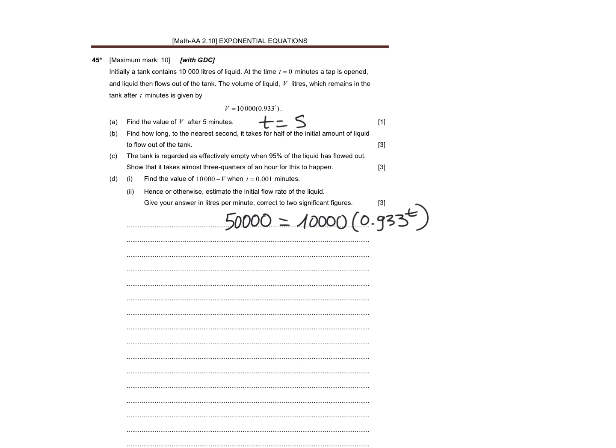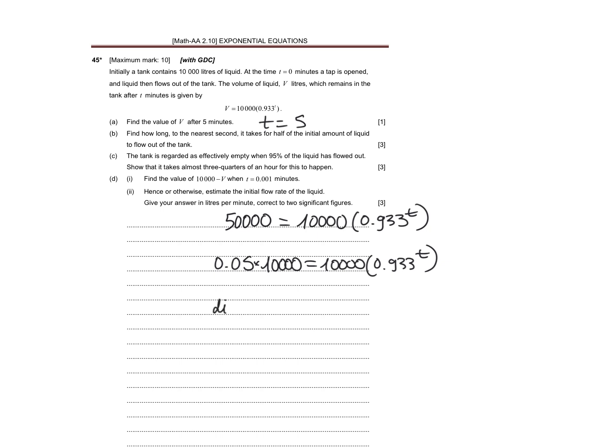For C, the tank is regarded as effectively empty when 95% of the liquid has flowed out. So we want only 5% of 10,000 to be left. And you should be able to n solve that.